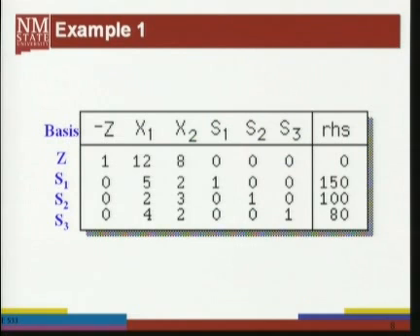The first step is to check the optimality, right? If there is no positive relative profit, then the current basic solution is optimal. Otherwise, we need to select an entering variable, right? So if you look at the relative profit here, which means the coefficients of the objective function row, we see that the current basic solution is not optimal. Why?